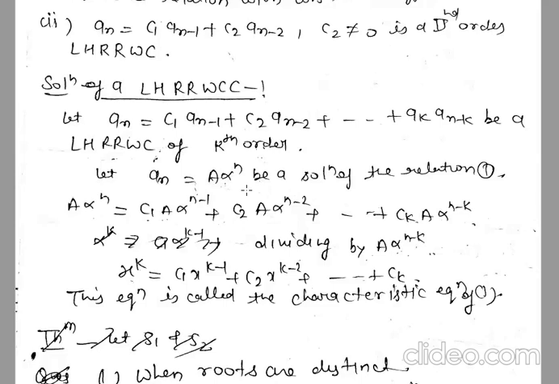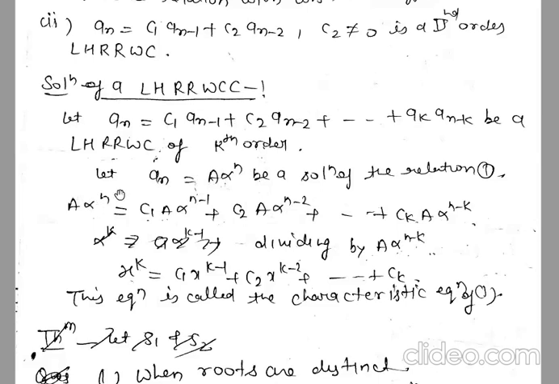Now, we are considering the solution of the series An is equal to A alpha to the power n to be a solution of relation 1. If this is the solution of the series, then it will satisfy the series. So just write the solution into the series.